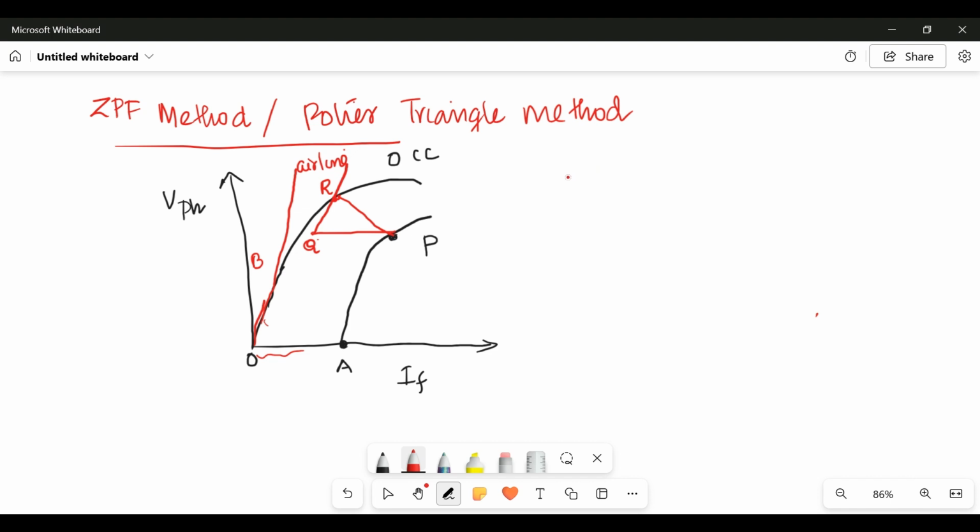This triangle PQR is called the Potier triangle.